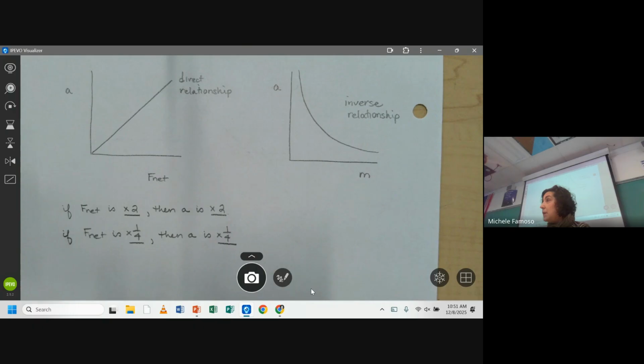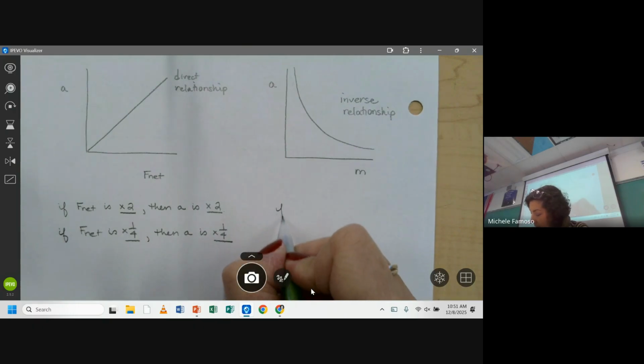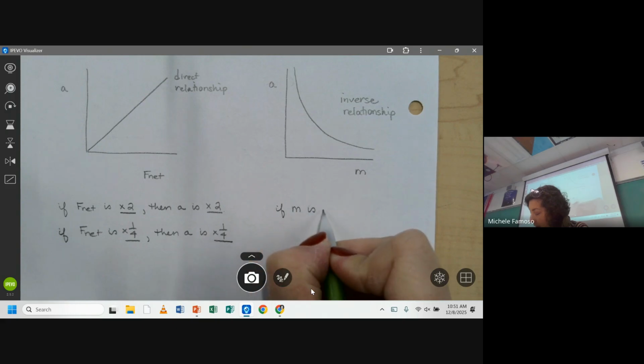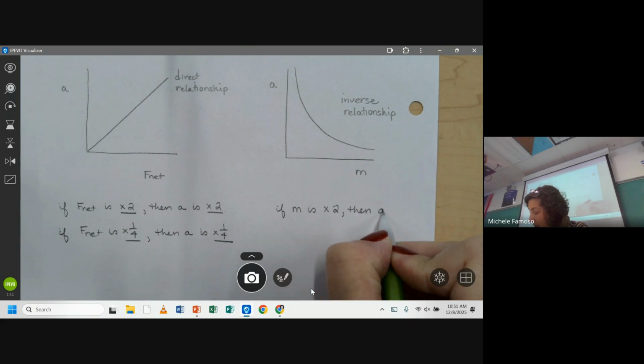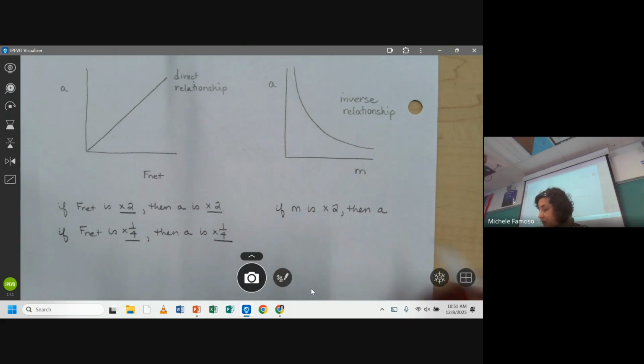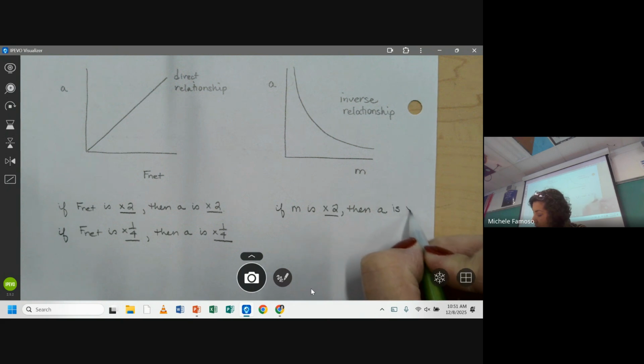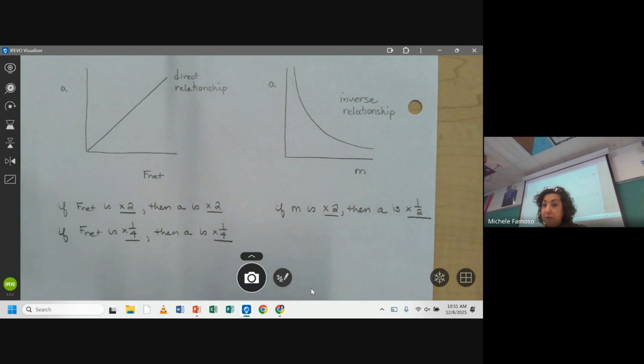So what does this mean in terms of the factors? Well, let's say that the mass is multiplied by a factor of 2. Then the acceleration would be inversely related to that multiplication factor. The inverse of 2 is a half. So that means the acceleration would be multiplied by a half, not by 2.